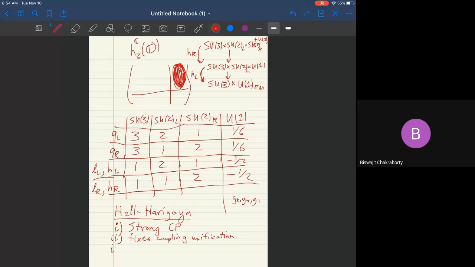And then the third point is that this theory predicts that the quartic self-coupling of the Higgs, when you run it to the UV using the RG equations, should vanish at the scale corresponding to the vacuum expectation value of Higgs right, the Higgs with the larger vacuum expectation value.